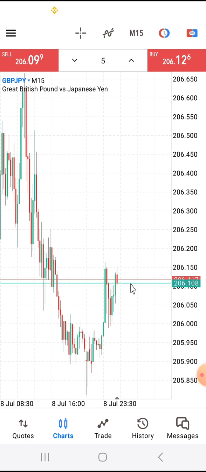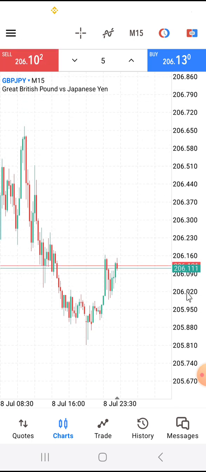Now when you place a buy, the broker will place the buy for you at a higher rate, and when you place the sell, the broker will give you the sell at a cheaper rate.